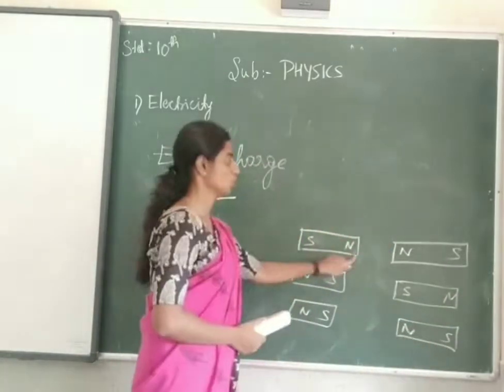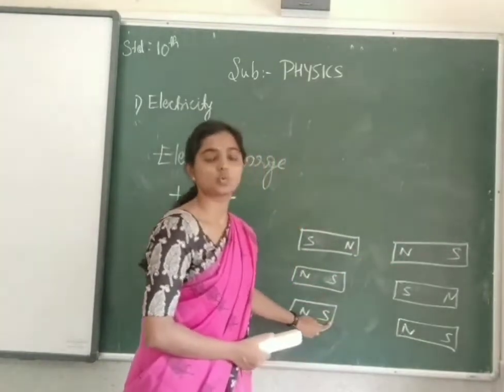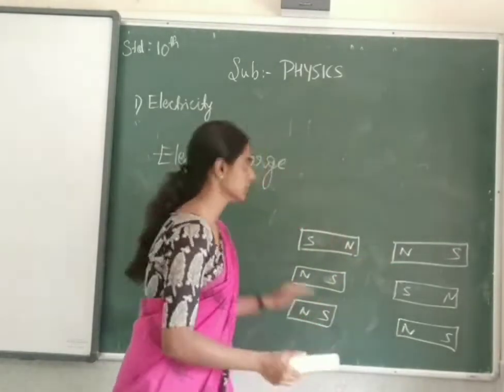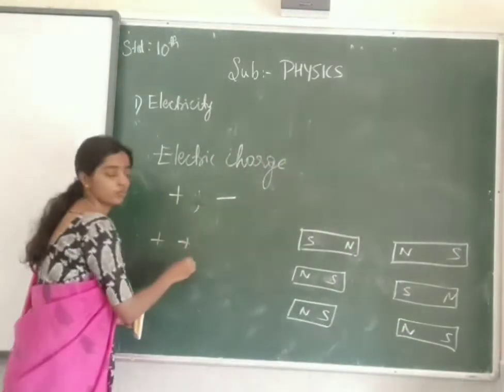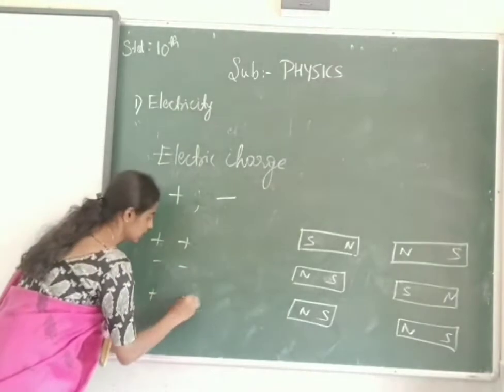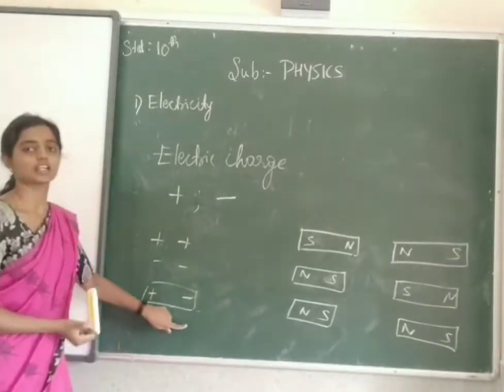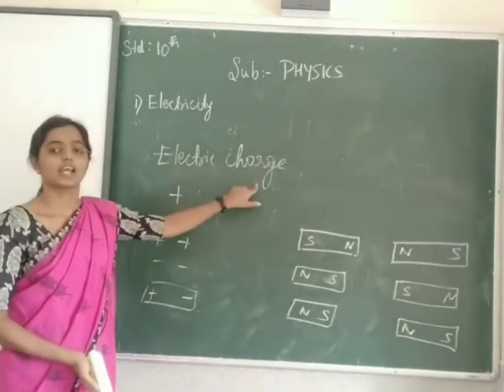See, two like poles always repel each other and two unlike poles always attract each other. Similarly, in our charges, plus and plus will always repel, negative and negative will always repel, and plus and negative will always attract each other. This is an important point which we should not forget in electric charge.